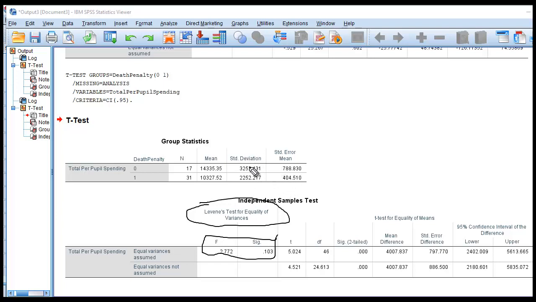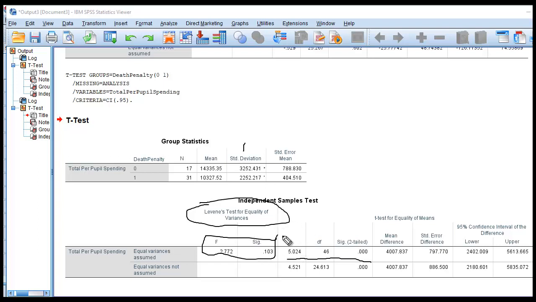The variance for the dependent measure in the two groups is nothing more than the square of the standard deviations for those two groups. So what we're doing is testing whether there's a significant difference between the two groups in their variances. And if there is a significant difference, then we will have violated an assumption that is a requirement for carrying out the standard independent samples t-test.